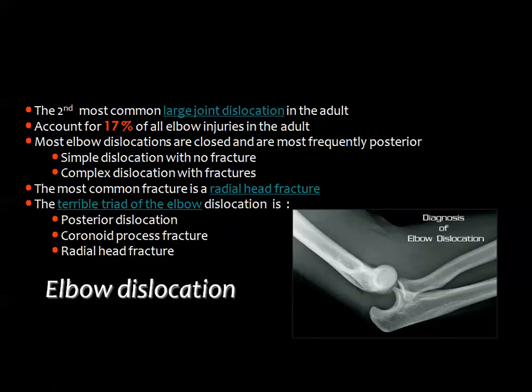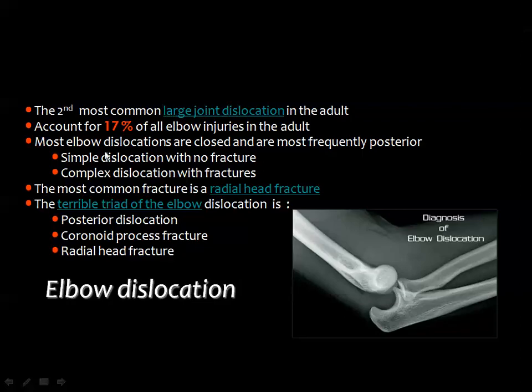This terrible triad is the combination of posterior dislocation of the elbow, coronoid process fracture of the ulna, and radial head or neck fractures.